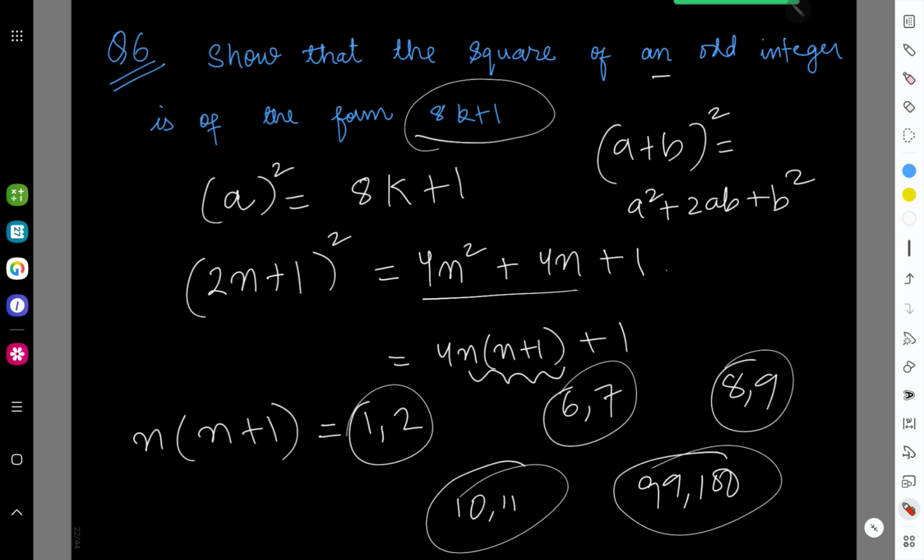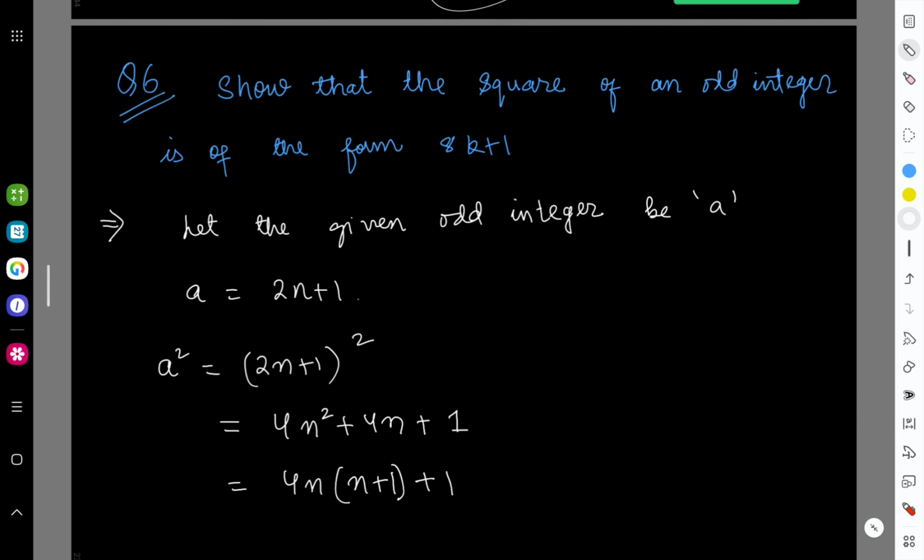So if we want to express that, then we can express n or n plus 1 as 2k. Since at least one of them is even, it can be expressed as 2k.